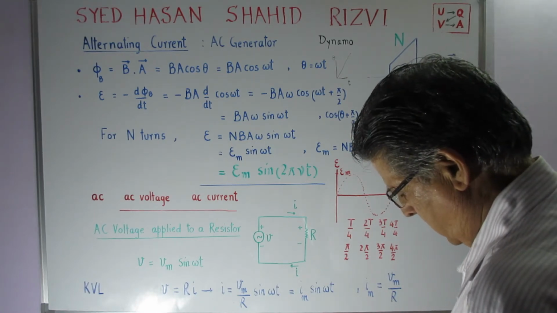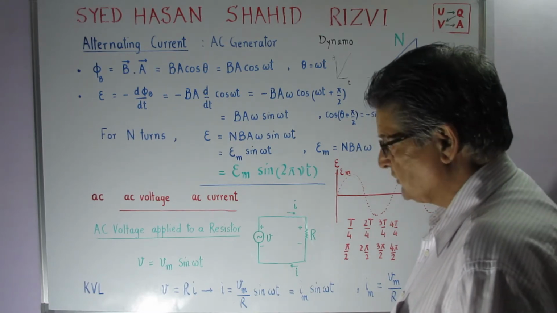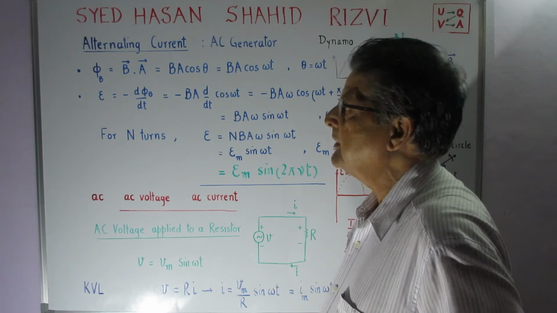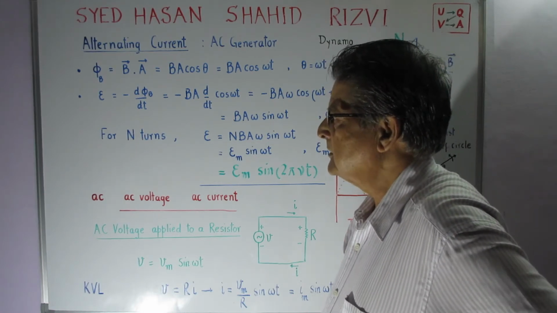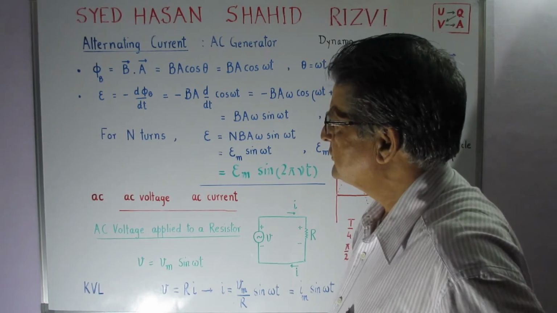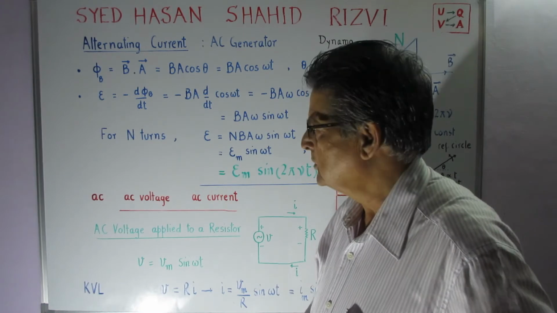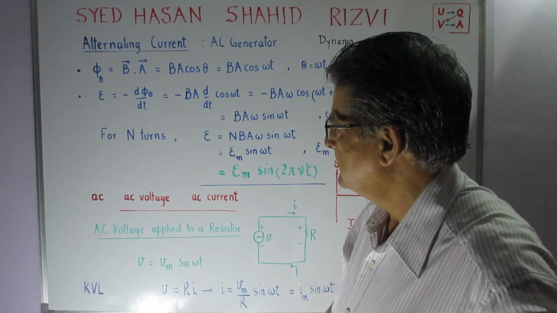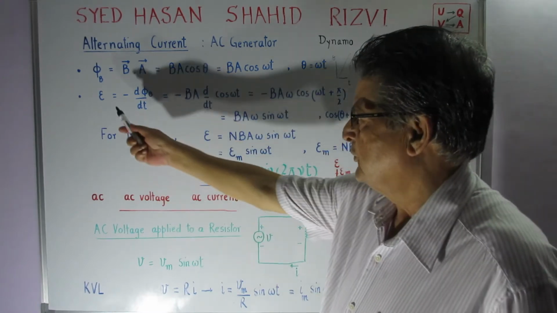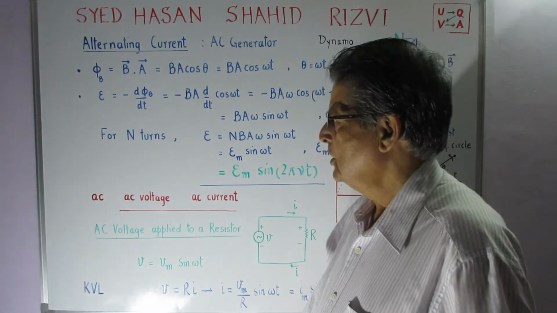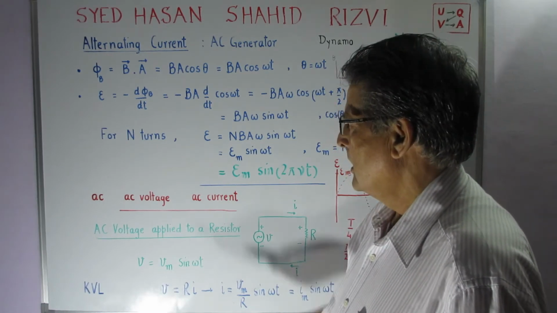Now, thanks to the studies of young Michael Faraday and Professor Henry at Princeton, and later on Lenz in Germany at that time, we found that the developed electromotive force E is equal to minus d phi B by dt.